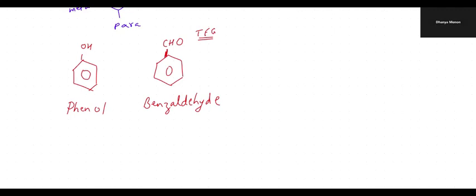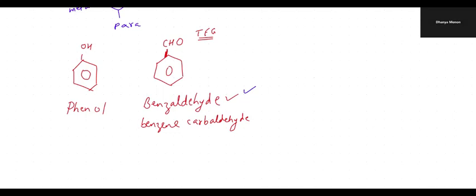Alternatively, it can also be written as benzene carbaldehyde. But commonly you will come across benzaldehyde more, but it can also be written as benzene carbaldehyde because the aldehyde is a terminal functional group and it has a carbon which is directly connected to the ring. Okay, but benzaldehyde is the more common IUPAC name.